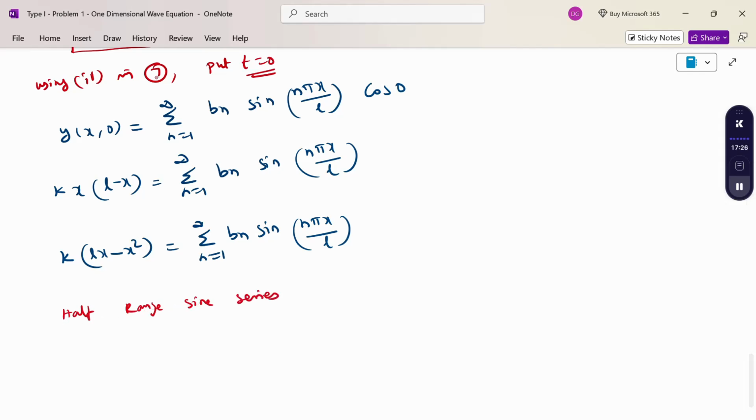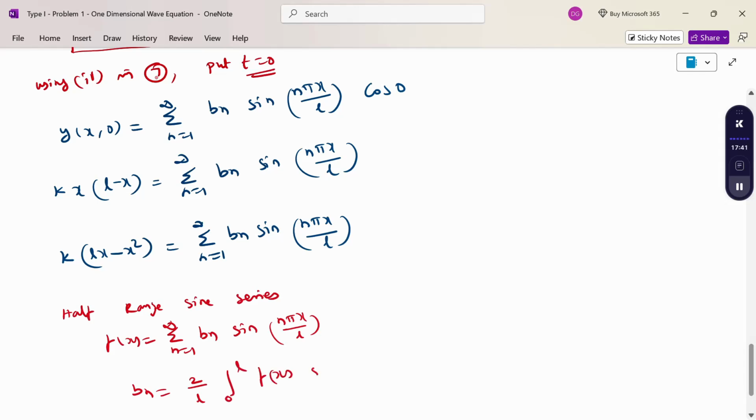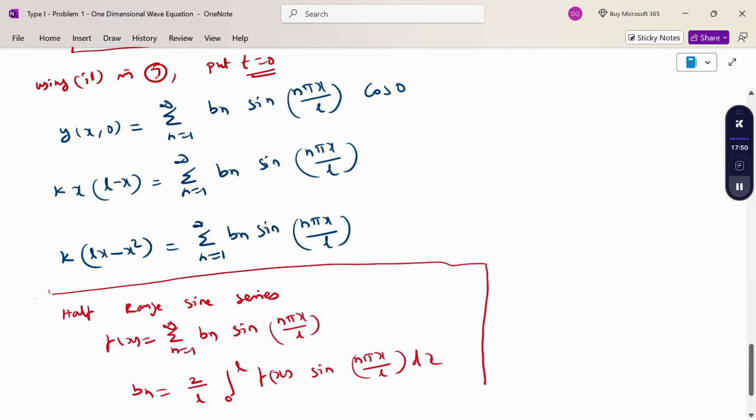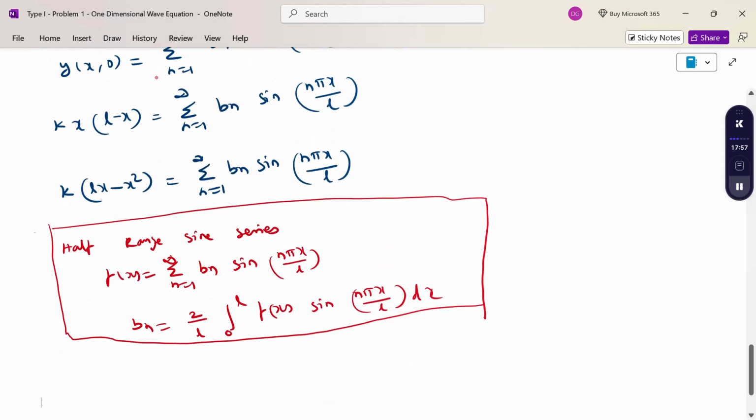Therefore when f of x equals summation n from 1 to infinity b n sin(n pi x by L), then to calculate b n equals 2 by L integral 0 to L f of x sin(n pi x by L) dx. This is our half range sine series, the only one we are going to apply in this problem to calculate the constant b n.